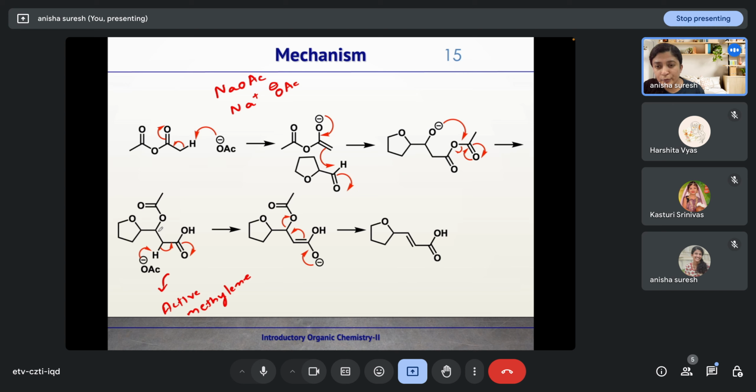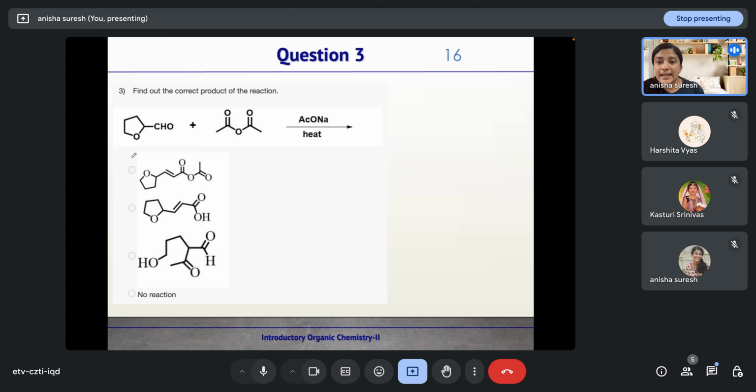It's not fully active methylene because the carbonyl group is not present at this position. Partially sort of active methylene. So here E1CB will be taking place, and it will lead to formation of this aldol condensation product. So the right answer will be option B. Is this clear?